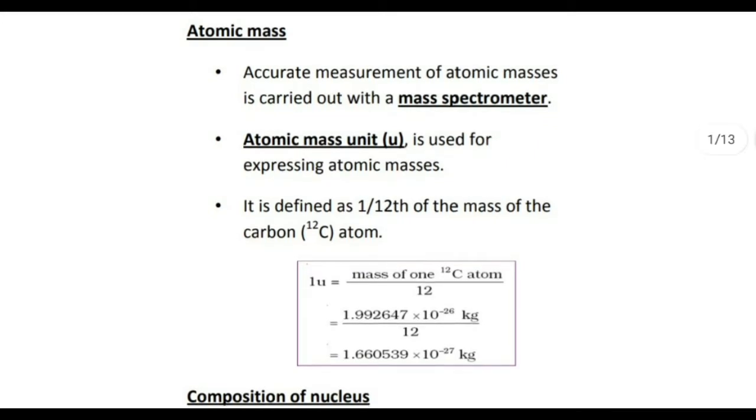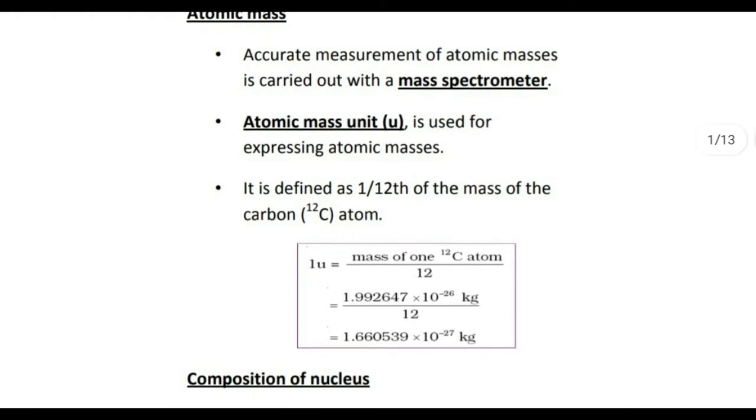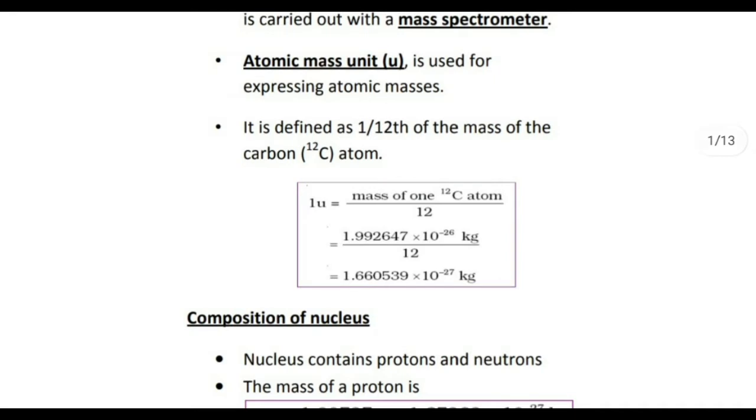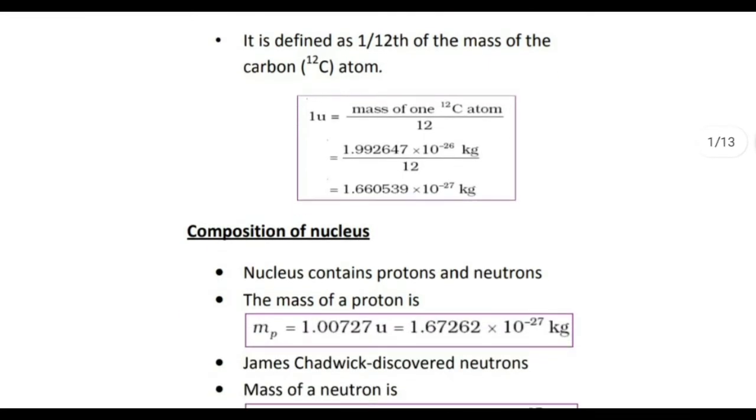So that is the definition of one atomic mass unit. It is estimated to be 1.660539 into 10 raised to minus 27 kilogram, or roughly we say 1.66 into 10 raised to minus 27 kilogram.